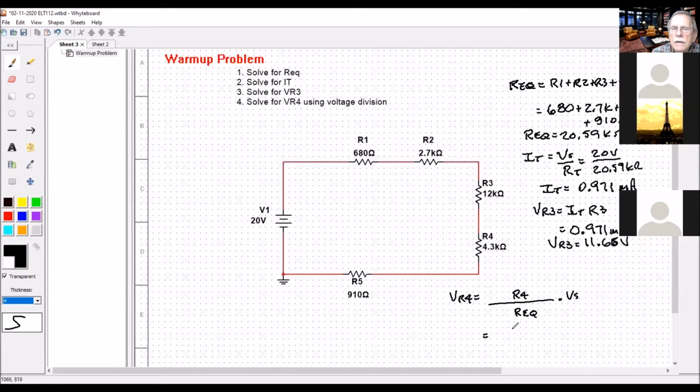So I've got 4.3K divided by 20.59K times 20 volts.